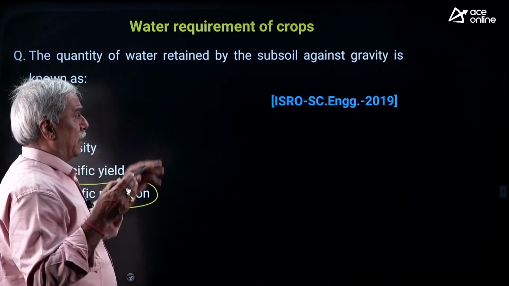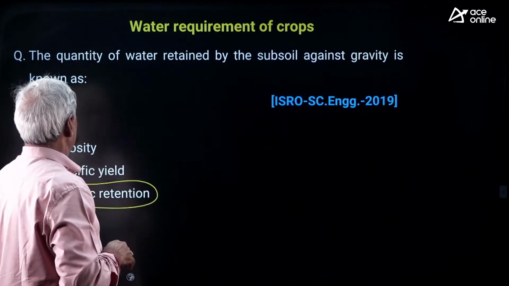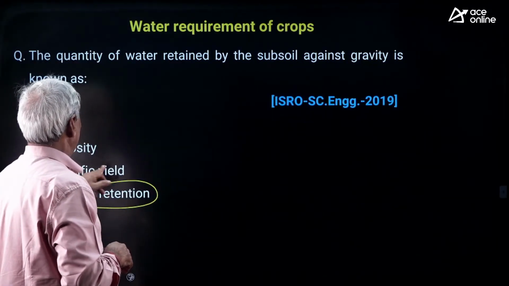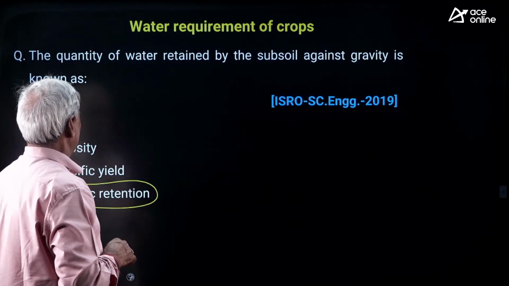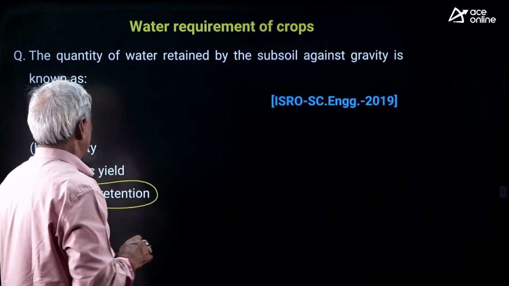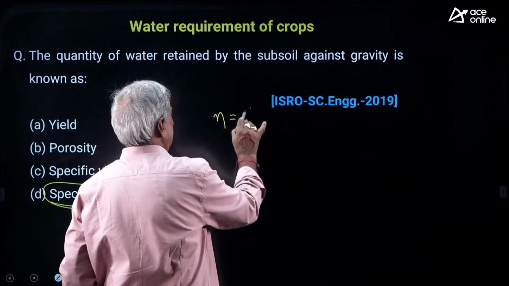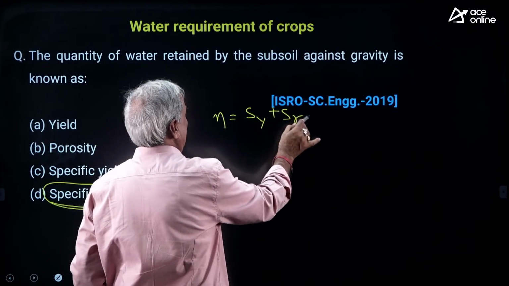The quantity of water obtainable by subsoil is yield or specific yield. Specific yield plus specific retention is equal to porosity. N is equal to SY plus SR is the formula we get.